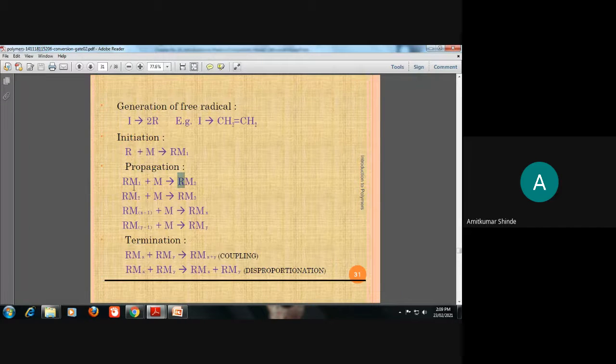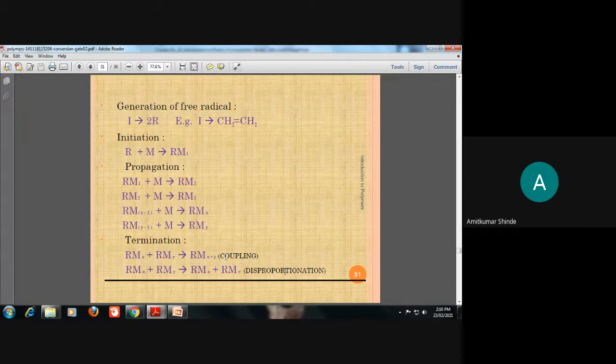When this free radical initially combines with the monomer, that step is termed initiation. Then the monomers combine together, and that stage is termed propagation. At the end, the termination process will be there, and they will get terminated either by coupling or by disproportionation, and form their respective polymer.